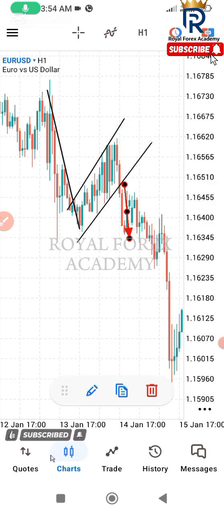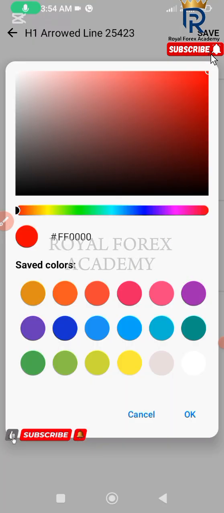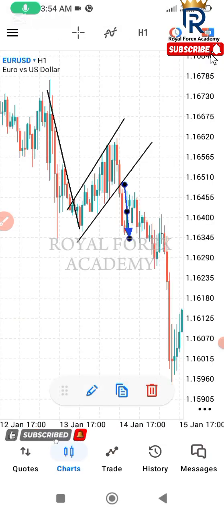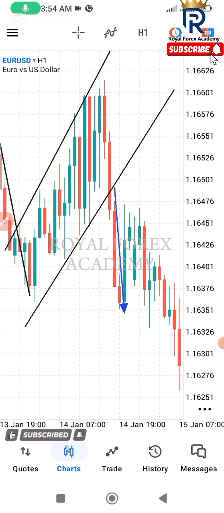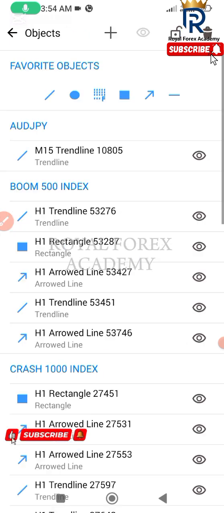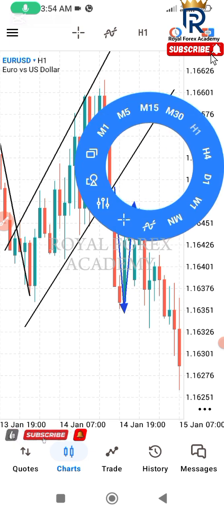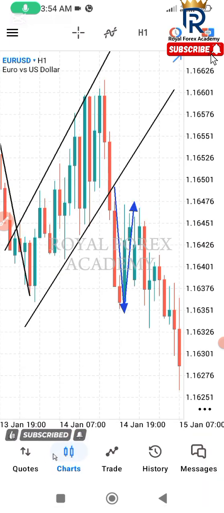Let me change this color. So price breaks out of it, and you'll be patient for price to do what? For price to go back, test it this way and then continue to the downside.